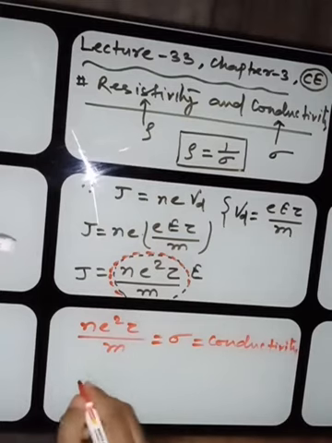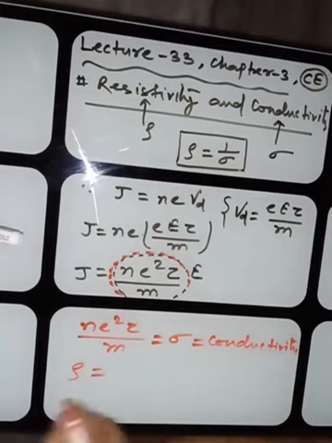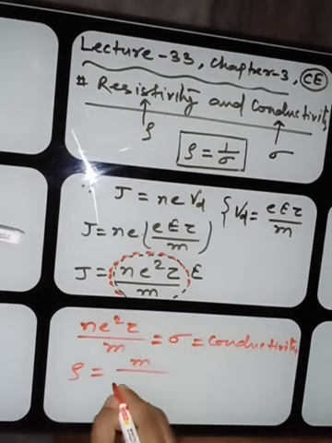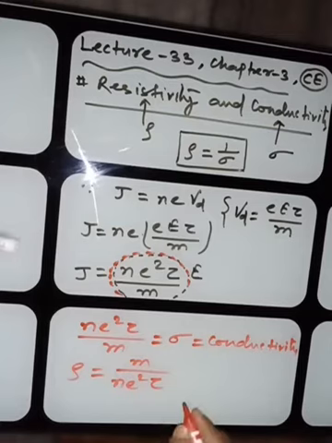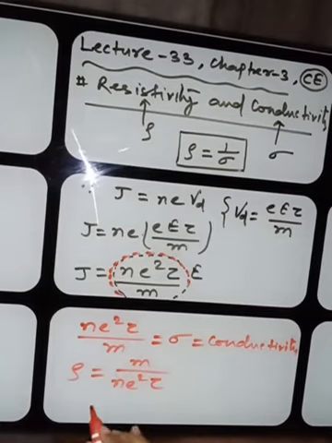And the reciprocal will be the resistivity, that is m by n e square tau, and this is the resistivity.